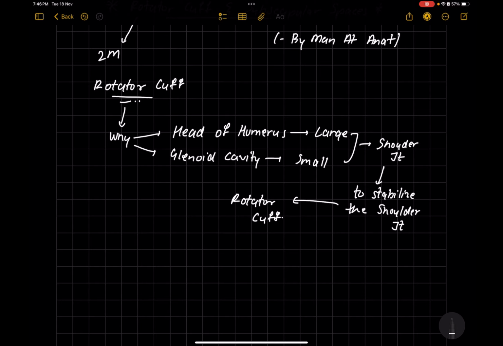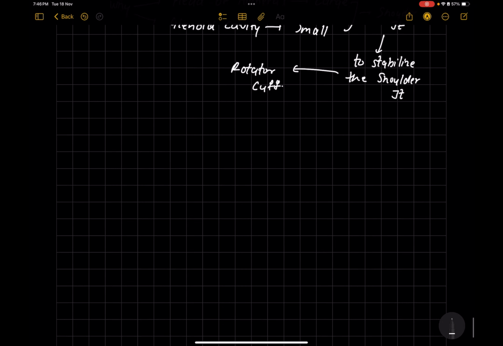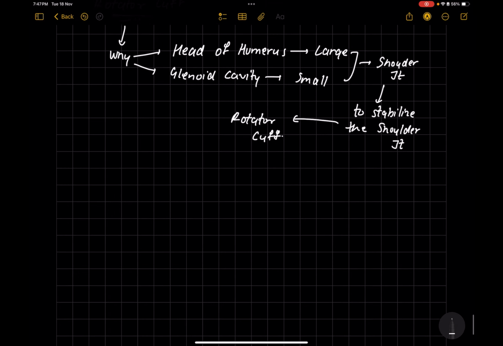Now what is there in our rotator cuff? The rotator cuff is formed by tendons given off by 4 muscles. First listen, then I will write it. There are 4 muscles that give off tendons, and those 4 tendons fuse with each other to form the rotator cuff, and that stabilizes our shoulder joint. As simple as that.